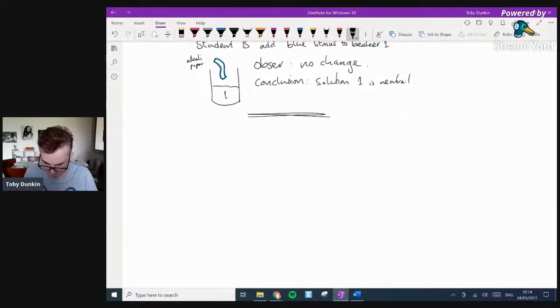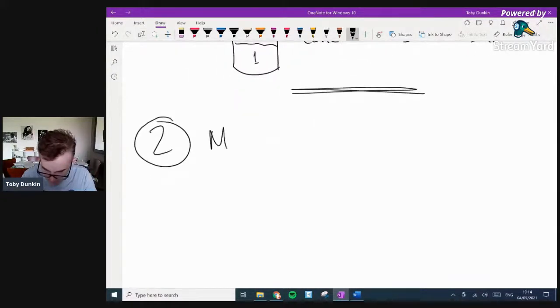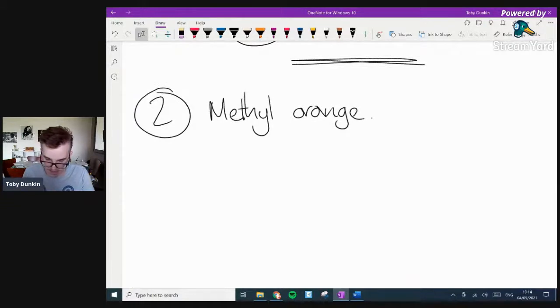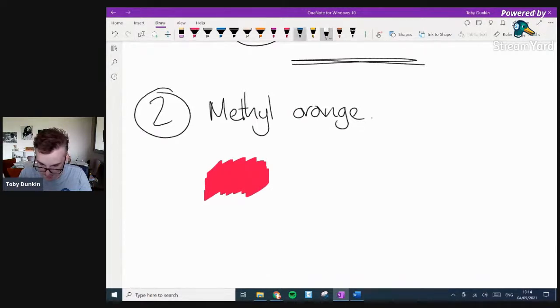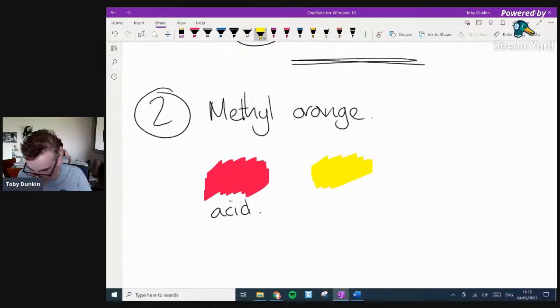Indicator number 2. Let's do the one that everyone struggles with. Methyl orange. Methyl orange is another indicator, and it is red in acid. Nice and easy. This is the tricky one, though. It's yellow in alkali.